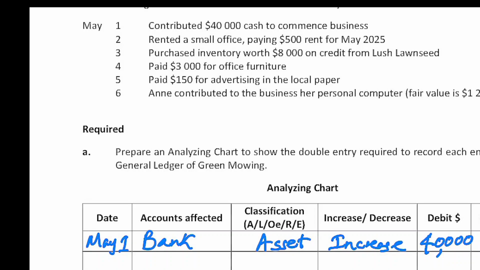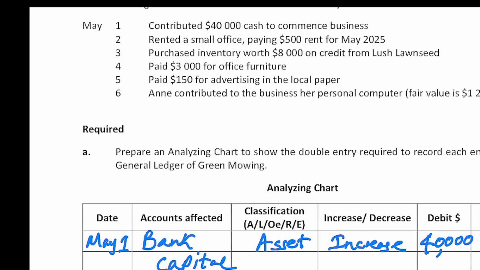Because of the contribution. Let's go. What is the other item affected? Capital. Okay. When you write the next line, leave a little bit of space, like you press the tab. Why?